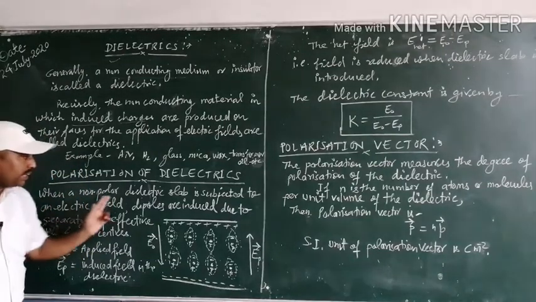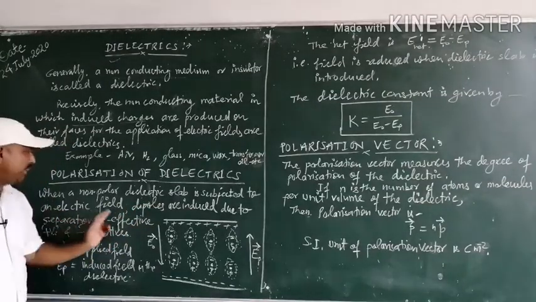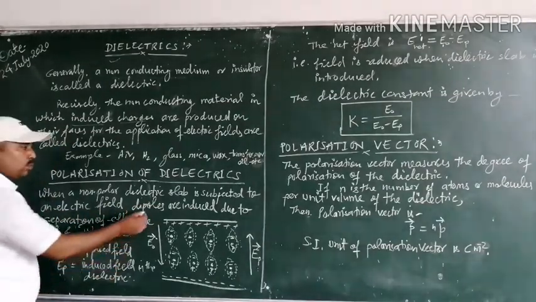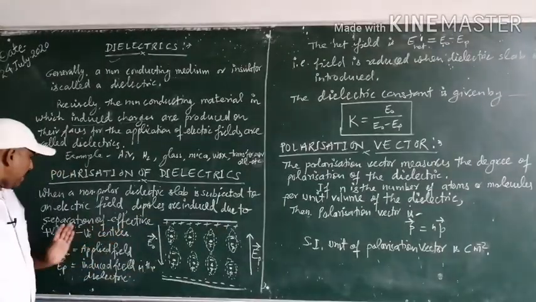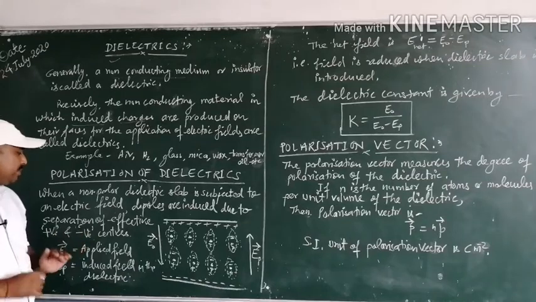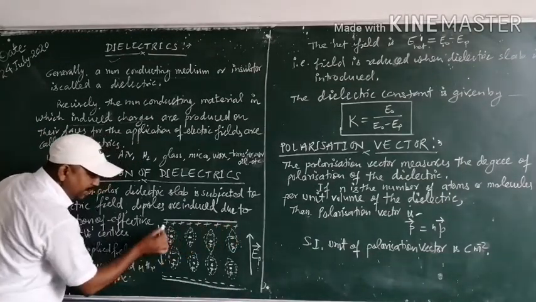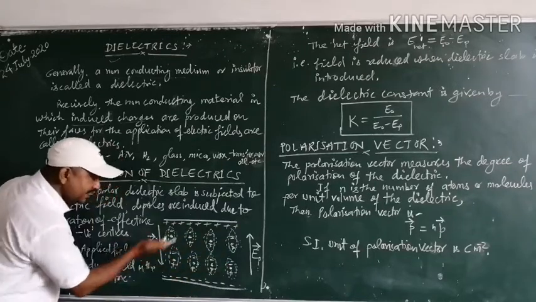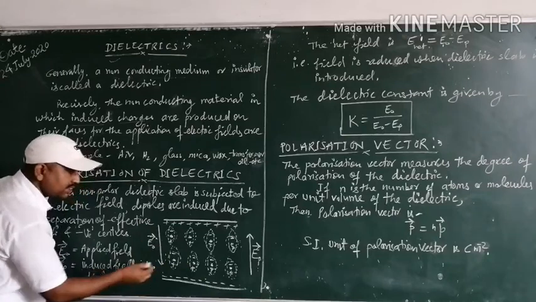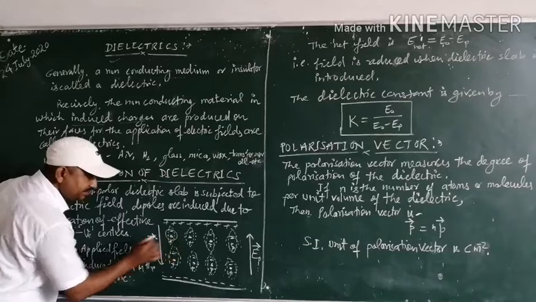When a non-polar dielectric slab is subjected to an electric field, then dipoles are induced due to separation of effective positive and negative centers. It means, suppose this is a medium in which dielectrics are placed and they are non-polar. Non-polar means their positive and negative charge centers coincide.